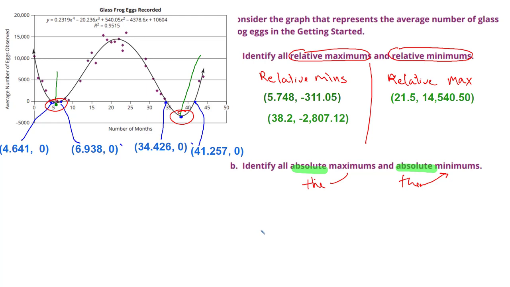Is there any point that has the absolute highest point? No, because these graphs are going to continue going on forever. So there is no absolute max, as there is no spot that is the highest.